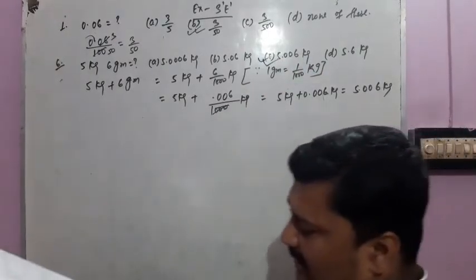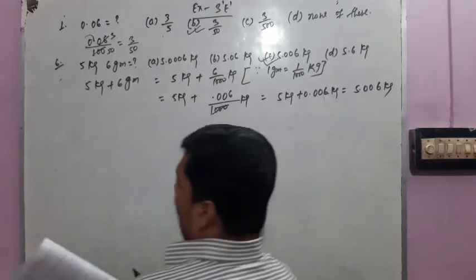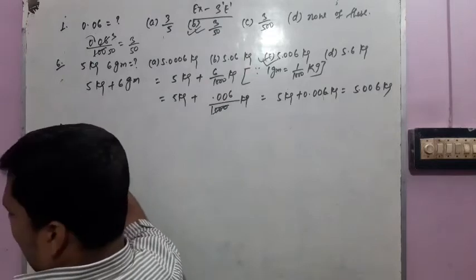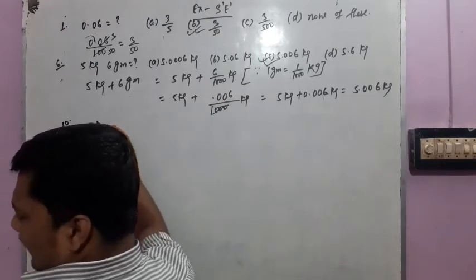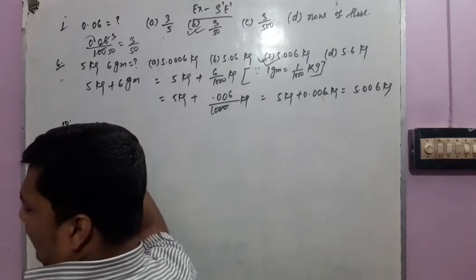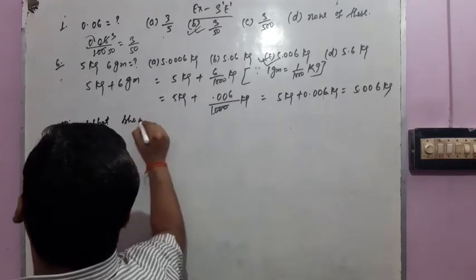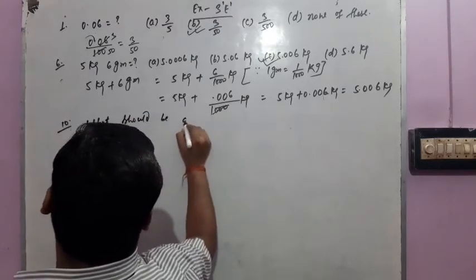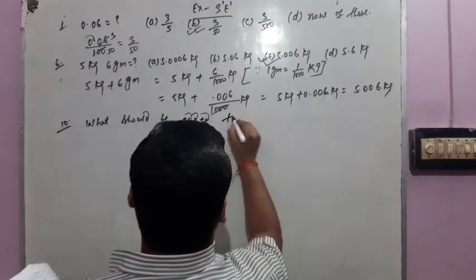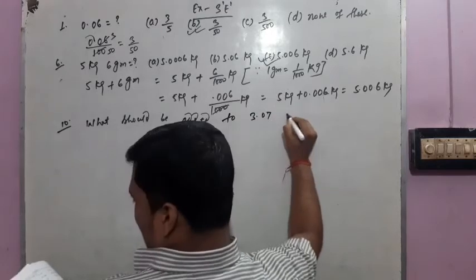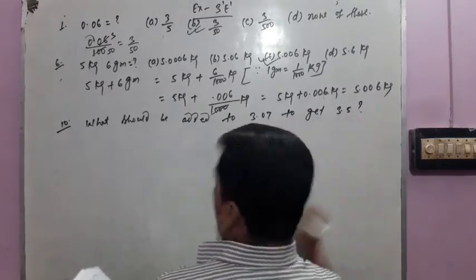Now questions 8, 9 and 10 are all the same, so we will look at question number 10. In question number 10 it is given: what should be added to 3.07 to get 3.5?